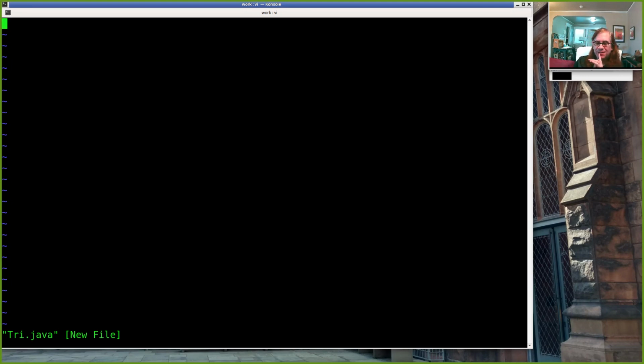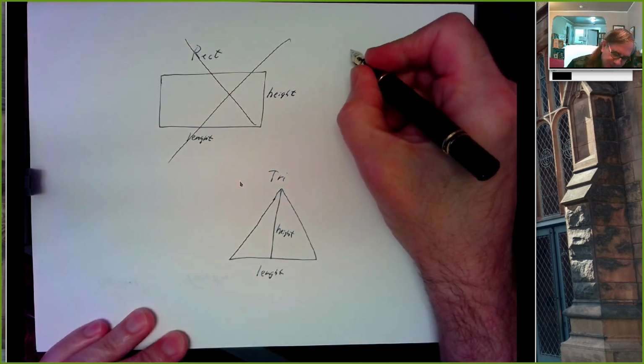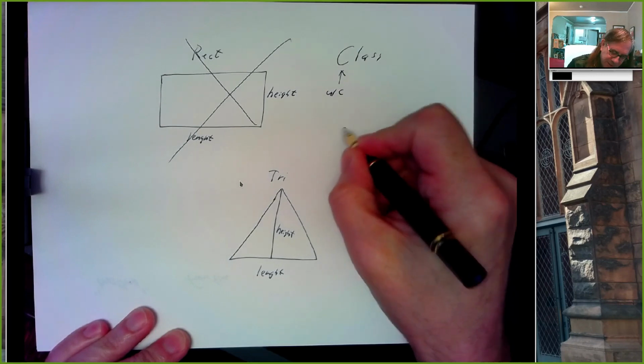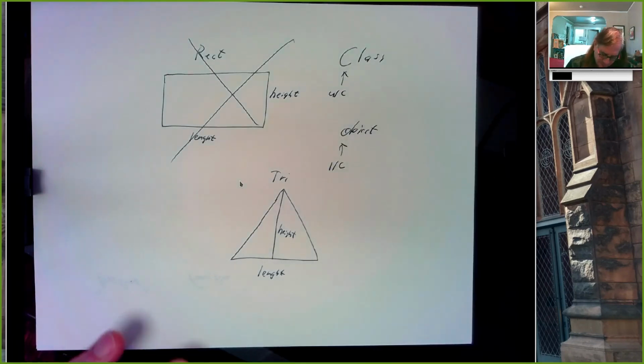Convention: classes start with uppercase letters. Objects start with lowercase. No particular reason, but you know, class, that's uppercase, object, that's lowercase.